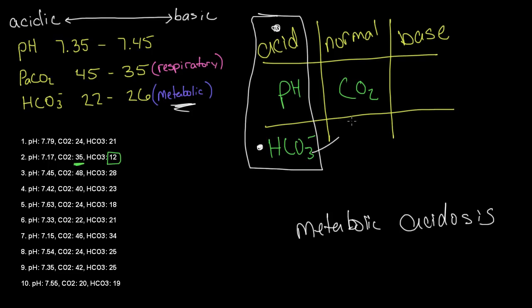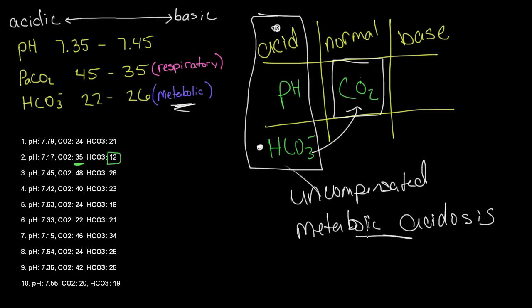And where's the other parameter? It's over here. The CO2, this respiratory value, is in the normal column. So this means we are uncompensated. We are uncompensated because our primary condition is metabolic acidosis, and the opposite compensatory mechanism, in this case the respiratory system, is doing absolutely nothing to compensate for this disorder.